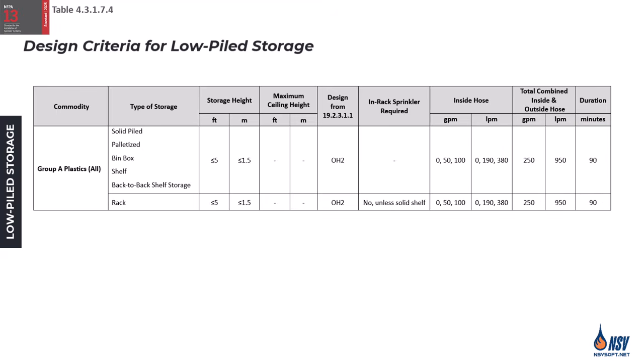When commodities are stored in open racks, we do not need to install in-rack sprinklers, as our ceiling sprinklers can adequately protect the commodities. However, if the rack uses solid shelves, we must install in-rack sprinklers. As we know, solid shelves delay heat from reaching our ceiling sprinklers and prevent the water discharge from the ceiling from reaching a fire below the shelves.